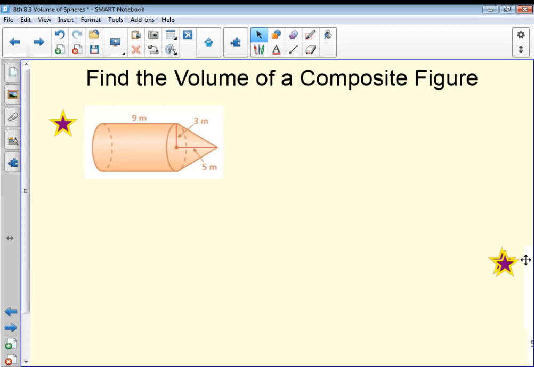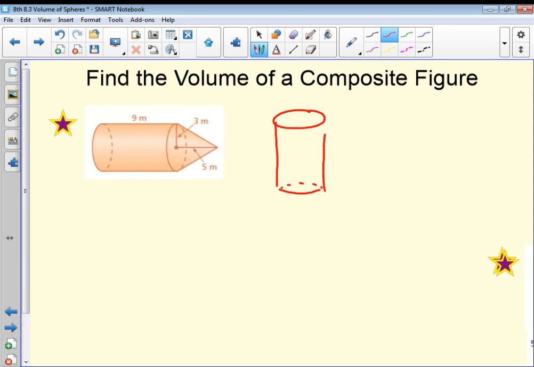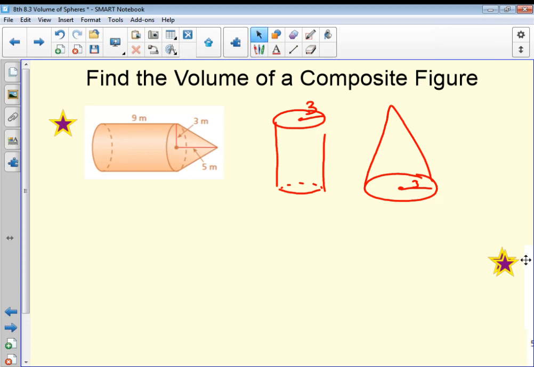So here it looks like we have a cylinder and a cone, okay, with a radius of 3. Okay, so let's review really quick the formulas. Our formulas are pi times radius squared times our height.